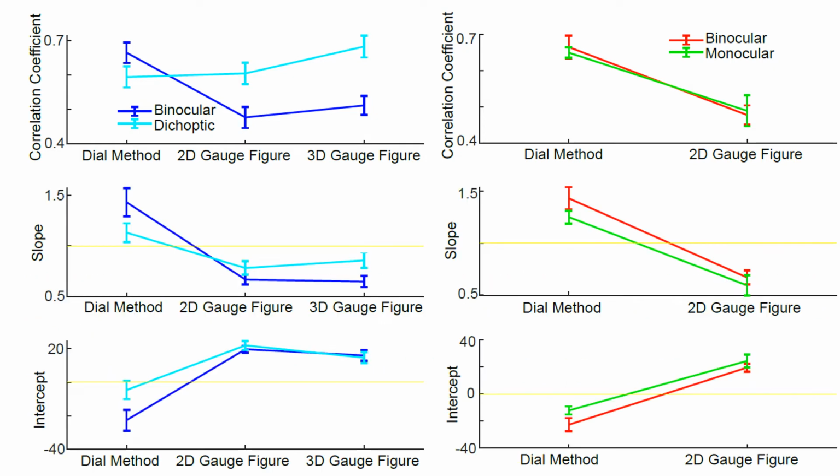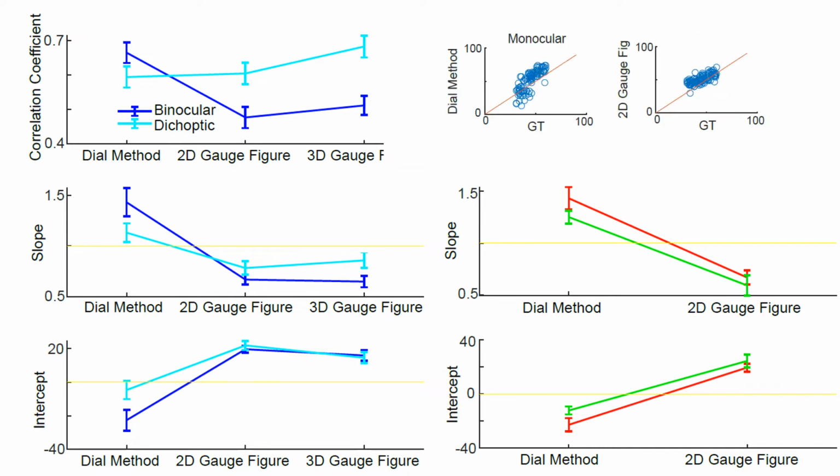To understand the response pattern, we looked at the estimated slope and intercept. It appeared that the high correlation in dial method is a result of overestimation of the high slant and underestimation of the low slant.